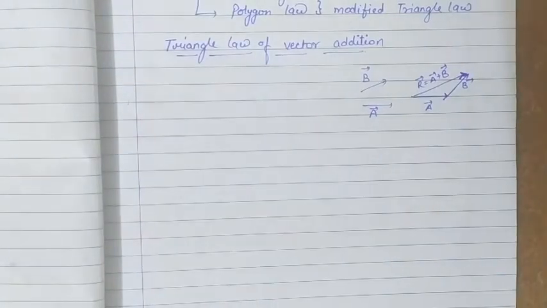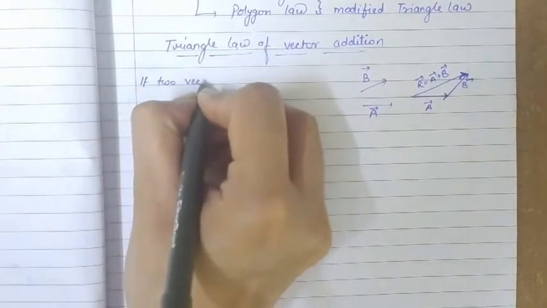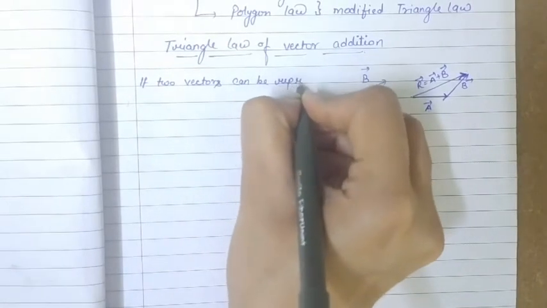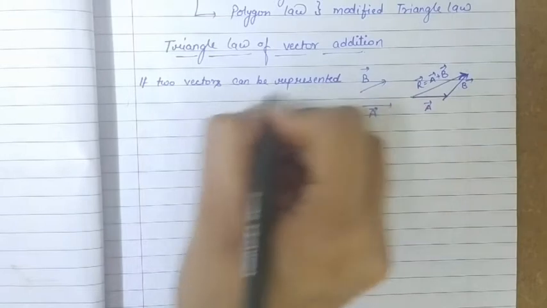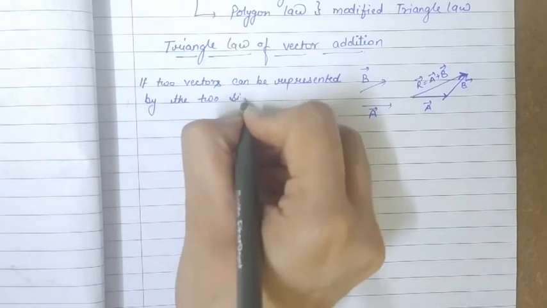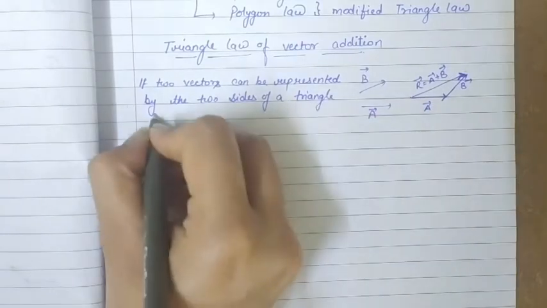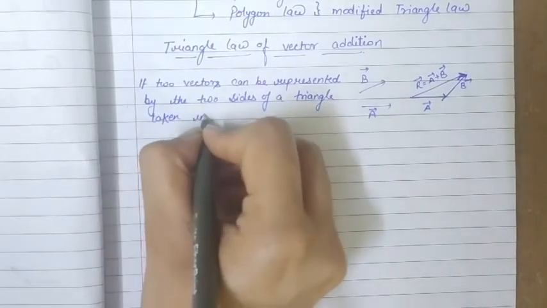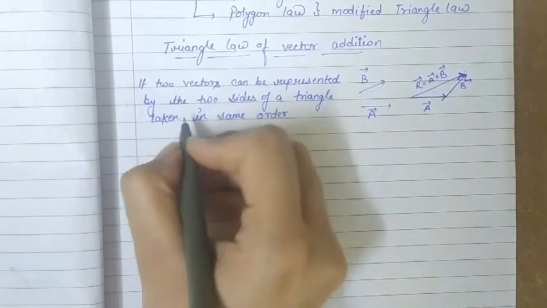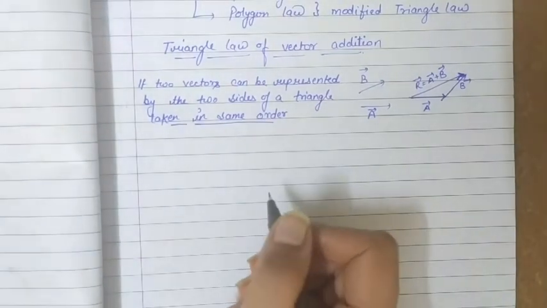So from triangle law of vector addition we mean that if two vectors can be represented by the two sides of a triangle taken in same order. As we are dealing with directions whenever we talk about vectors, this order thing has to be clear in our mind कि हमें कब क्या order consider करना है.